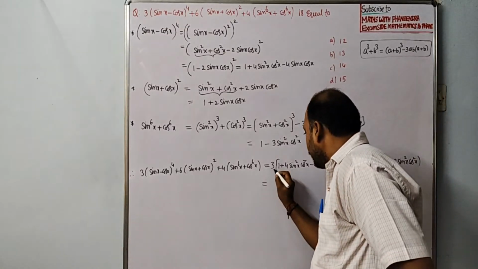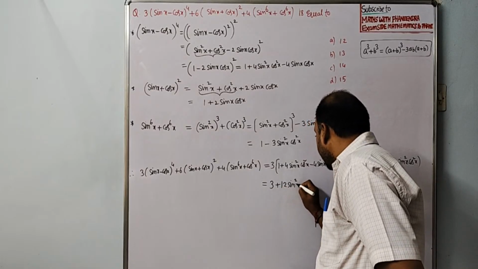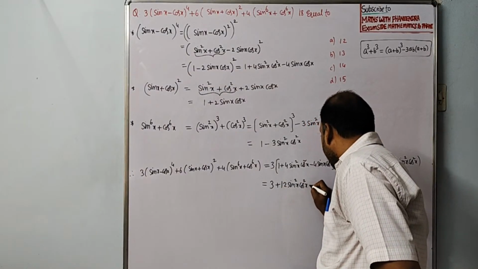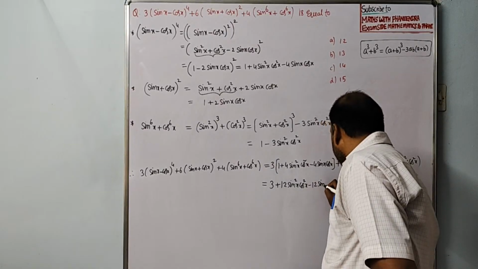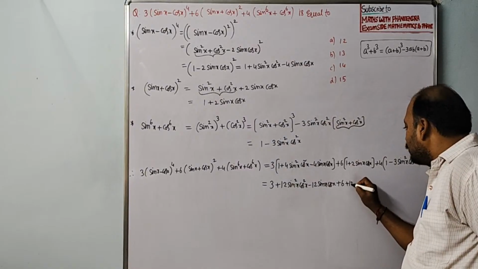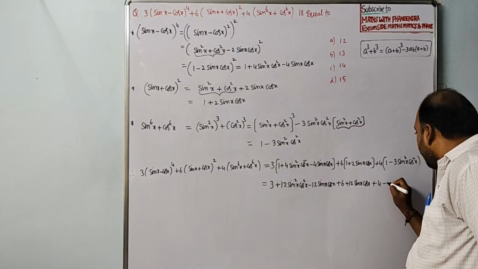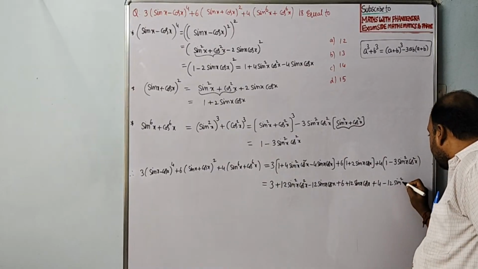So which is equal to 3 into 1, 3, plus 12 sin square x cos square x minus 12 sin x cos x plus 6 plus 12 sin x cos x plus 4 minus 12 sin square x cos square x.